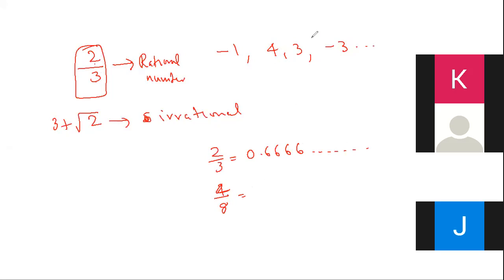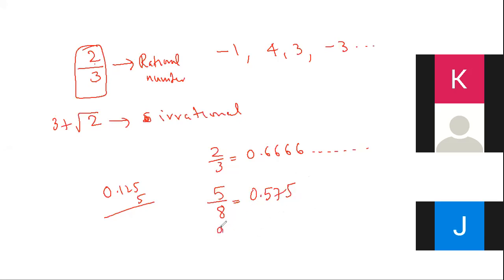I'll take another number, 5 by 8. If I make it in decimal form, it will be 0.625. Correct? It will terminate.